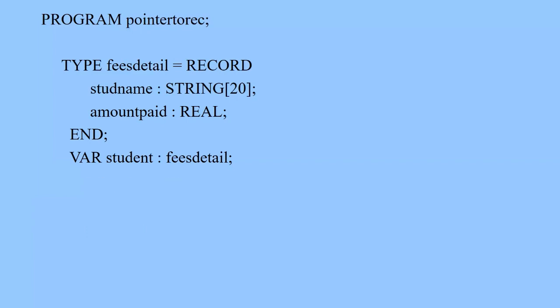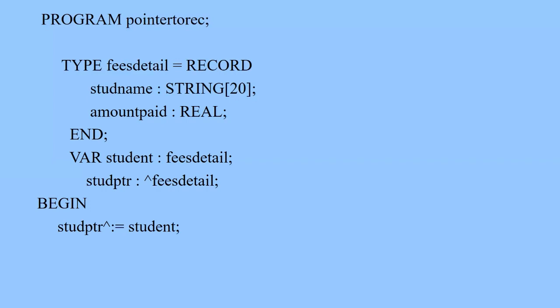And then we are declaring a pointer called student pointer, which is supposed to be of type fees detail. So this is a pointer to the record, pointer of type fees detail.